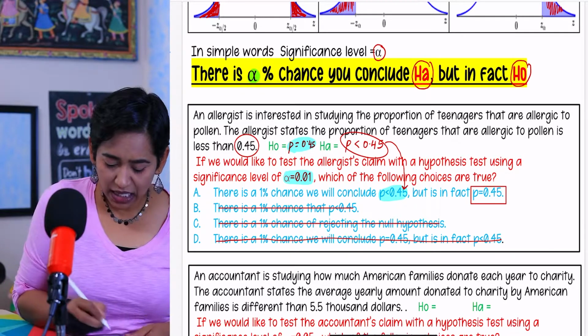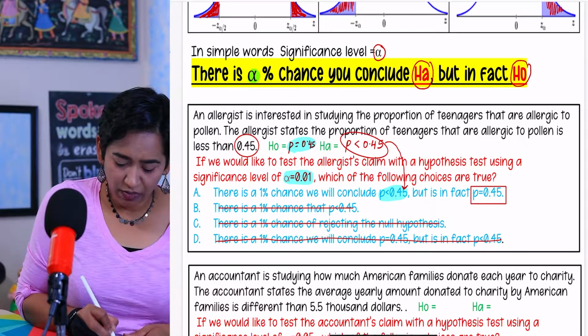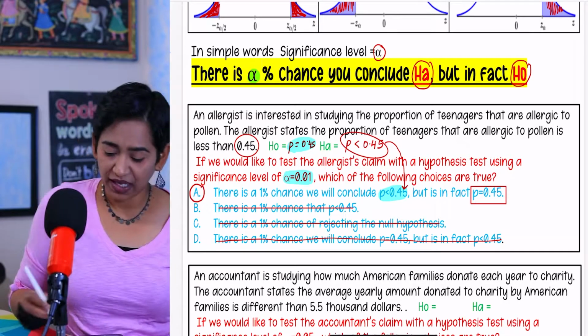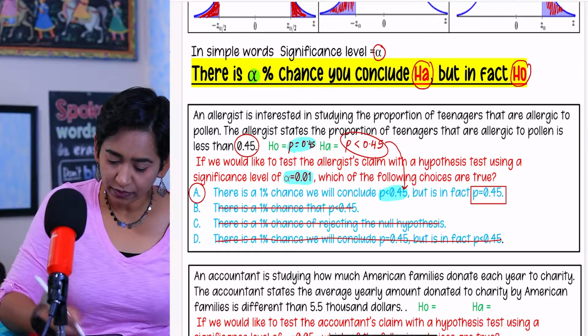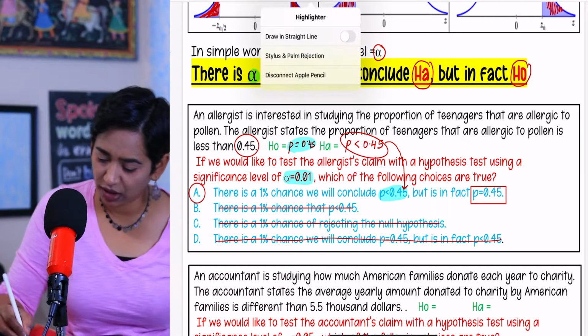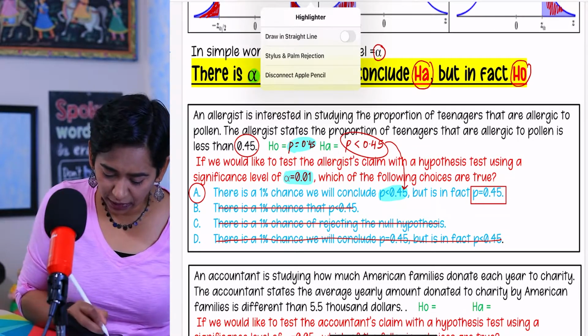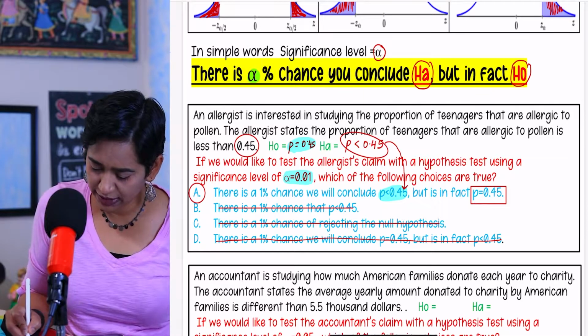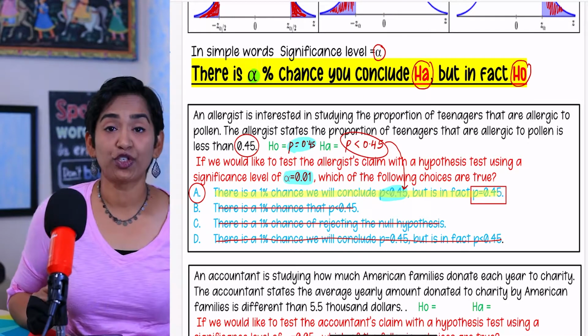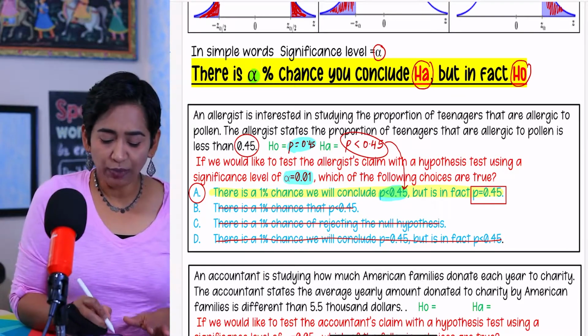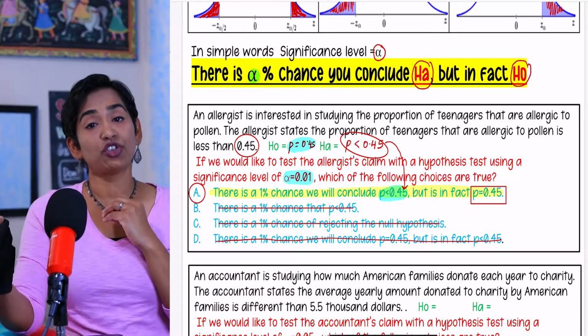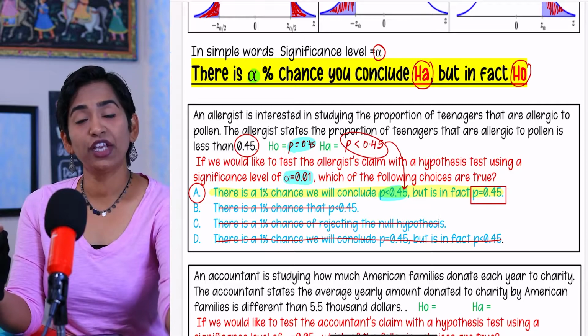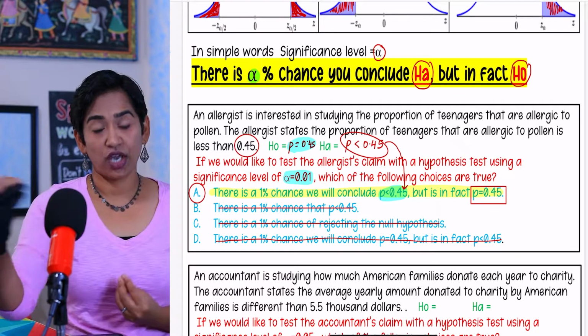So in this case, my option A is my right answer. Okay, let me go ahead and highlight that. I'm going to use yellow. So this is going to be my right option. Okay, you always will be using there is alpha% chance. You conclude HA when in fact H naught is true.